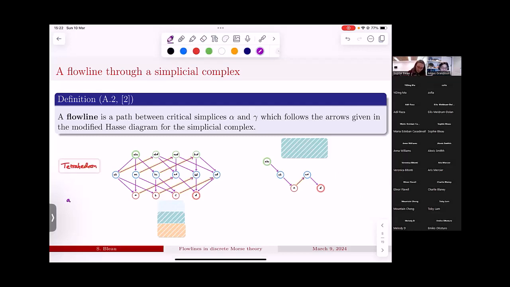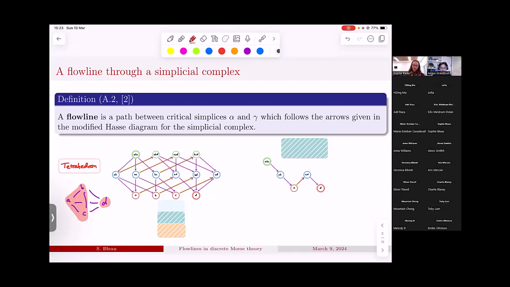So if we take the tetrahedron given by A, B, C, D as the vertices, and then say that this is a critical face and this is a critical vertex, then we can imagine that this is kind of a representation of a sphere, because the face is kind of like a maximum and the vertex is kind of like a minimum, and we're traveling down through the simplicial complex to this minimum, like we flow down the sides of a sphere.